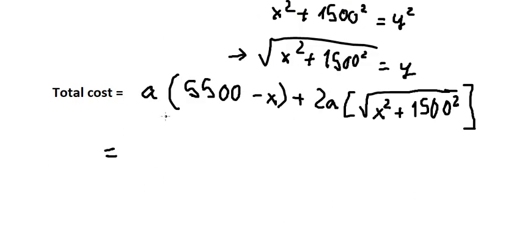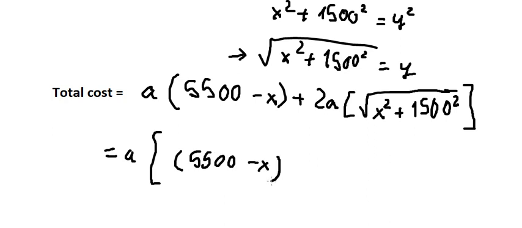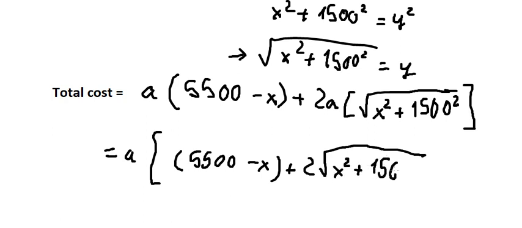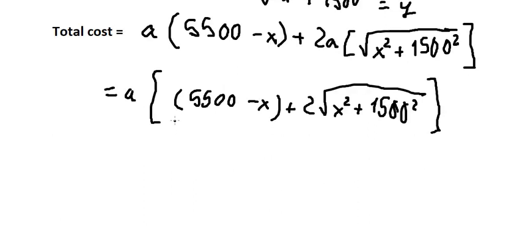Now we can see that we have A and A, so we put A outside. So we just consider this function here.